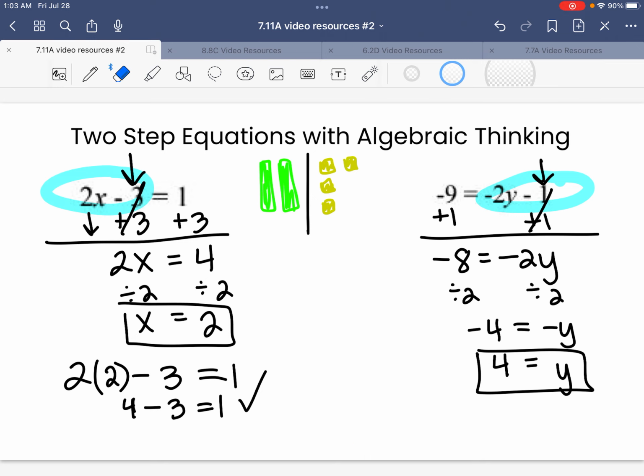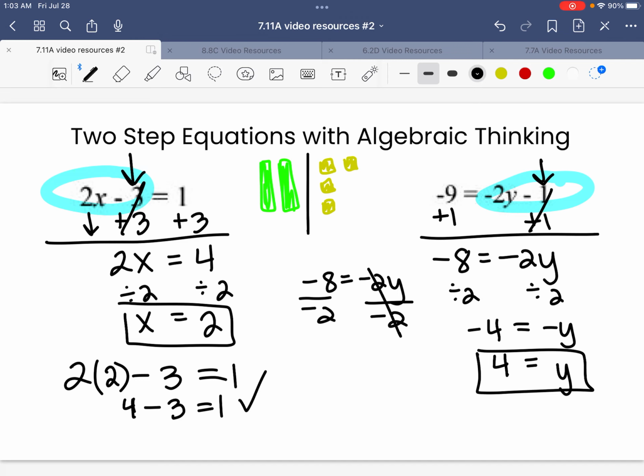is saying, okay, hey, I'm solving using inverse operations. So once I got here and I had that -8 was equal to -2y, y is being multiplied by a -2. So the inverse operation of that would be to divide both sides by a -2. So -2 divided by -2 gave me just 1.